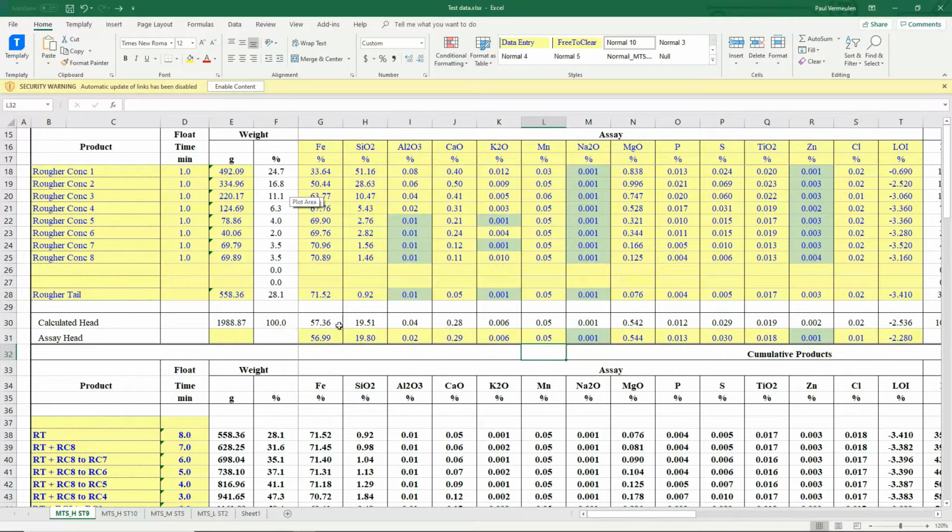From the calculated head going in, there's a bit of lime or calcium reported as lime. There's a bit of magnesium reported as MgO. There's very little phosphorus. There's very little alumina. There's a little bit of sulfur going in. There's very little titania going in. A little bit of chlorides.